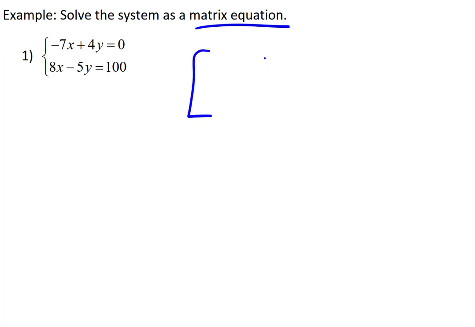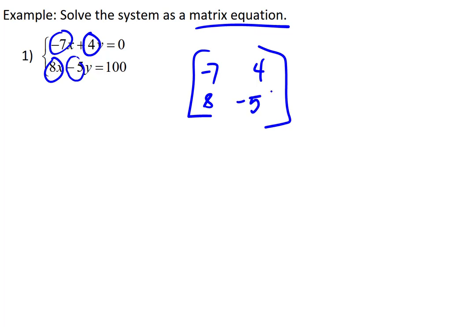Okay, so we're going to start out with a matrix containing only the coefficients of all our variables in their order. Remember, the x's are lined up vertically, so are the y's. So we want a -7 and then a 4 across the first row, and then an 8 and a -5 across the second row.